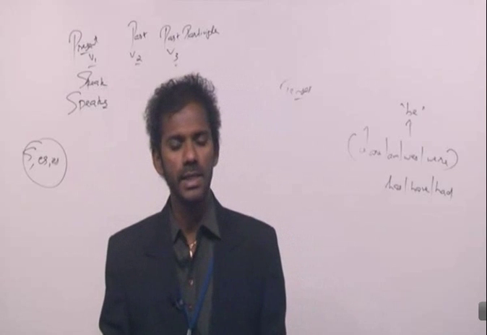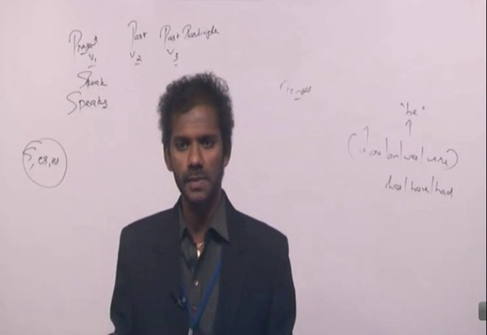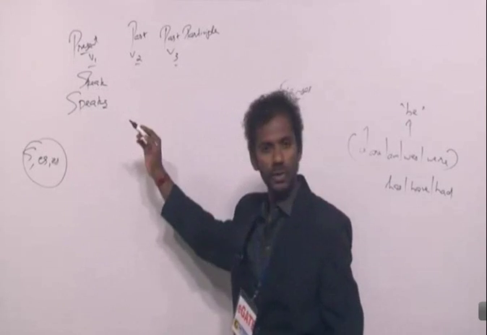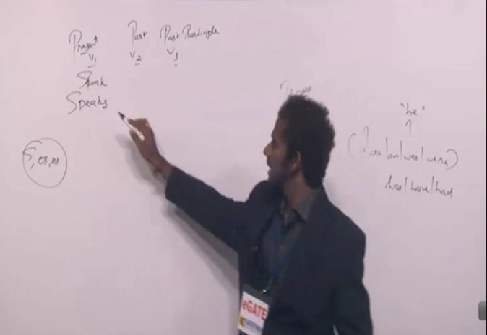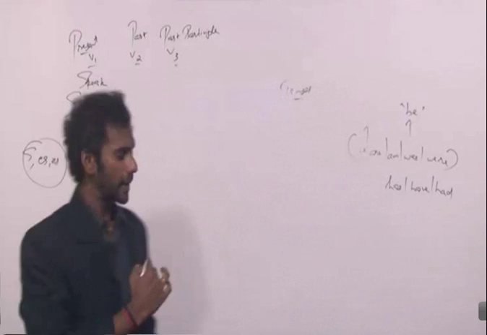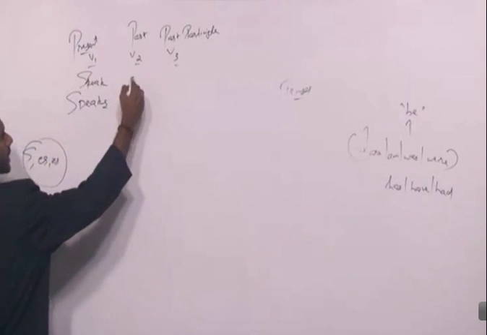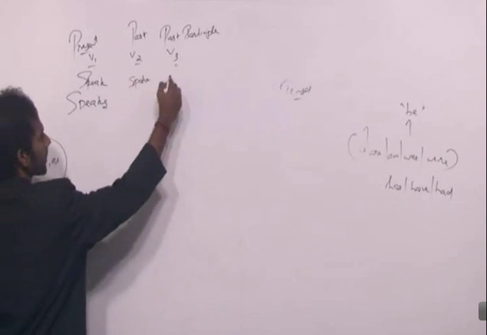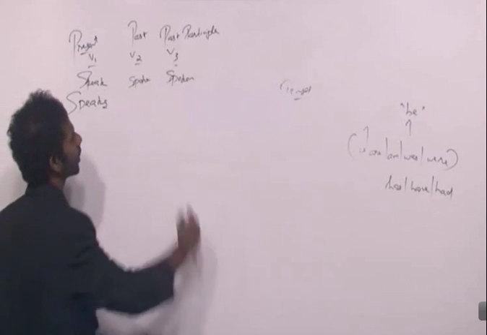If no s, no es, no ies, that means the verb is plural. So speak and speaks both are in the V1 form. The only difference is speak is plural, speaks is singular. Clear?